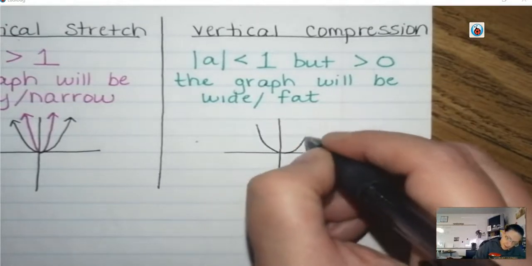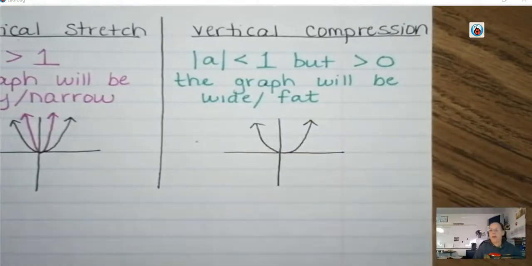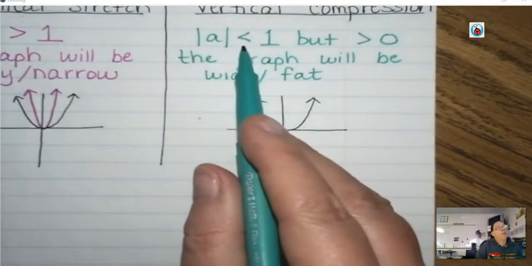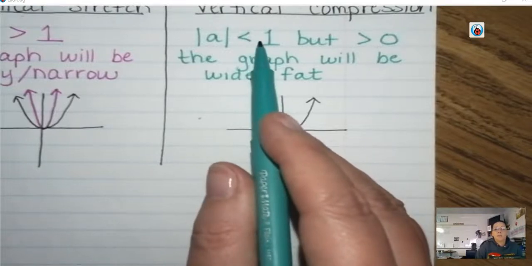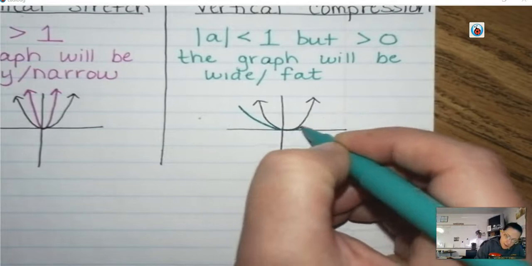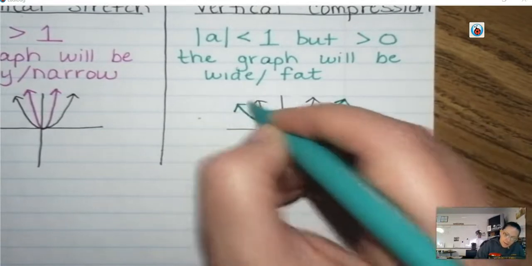So if I have my normal parent function, graph looks like that. If I have a graph where it's a fraction that's smaller than 1 but bigger than 0, it's just going to make the graph be wider or fatter.